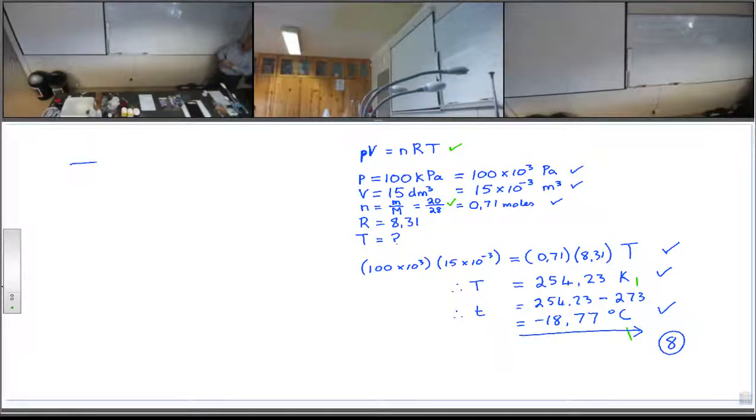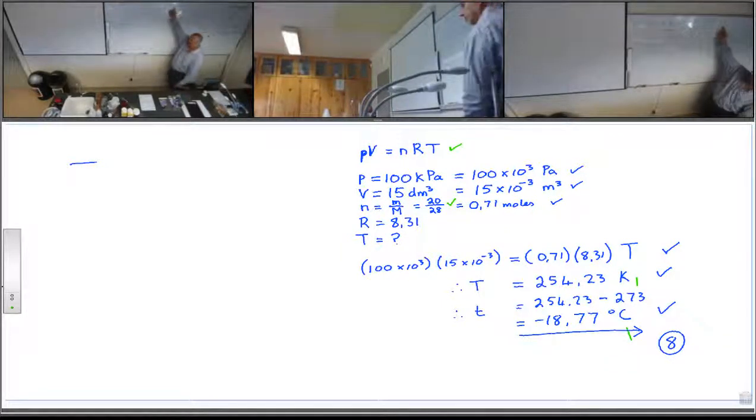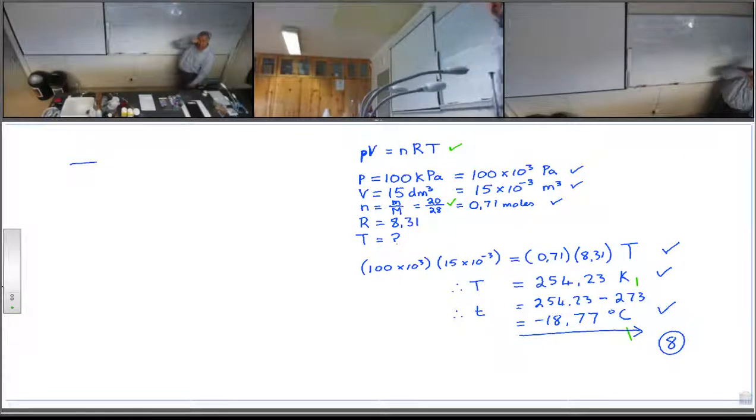Right. I've deliberately gone through the sum step by step, emphasizing where the marks are. Because this is a formula, and in fact, wherever you're working with pressure, people often write pressure as a capital P. It must be a lowercase p in a formula, right? And you will lose the marks for your whole sum. You'd put a capital P there, or a capital N there, or a small t there.